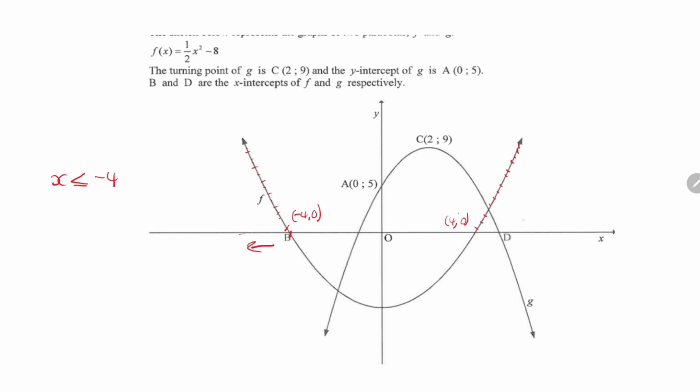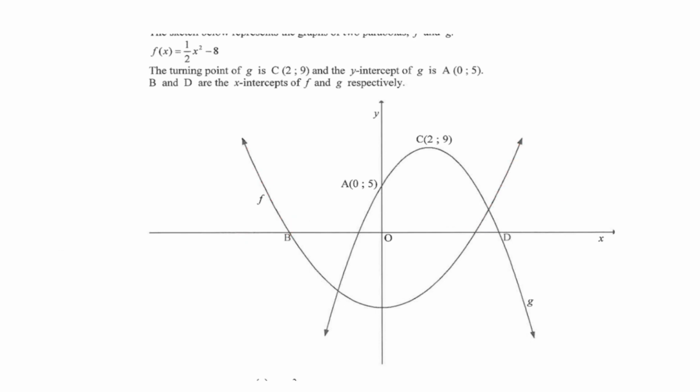And then we also have this side. We will say f of x is greater or equal to 0 when x is greater or equal to +4. So our solution looks like this: x is less or equal to -4, or x is greater or equal to +4. This is our solution to 6.4.1.